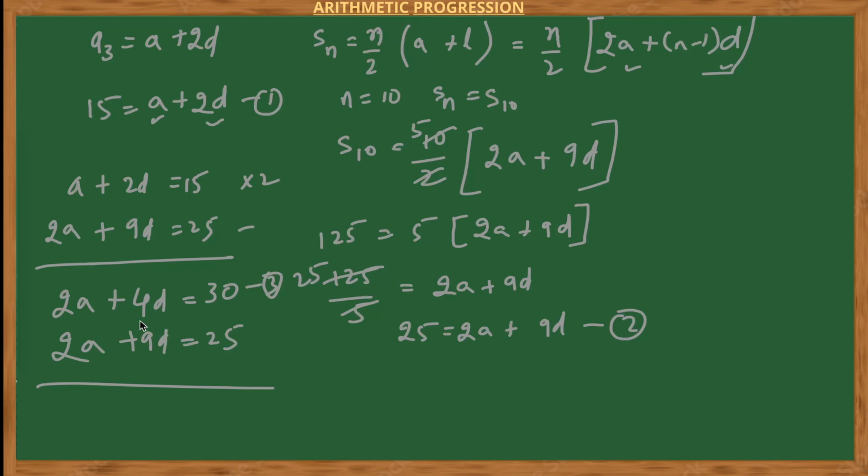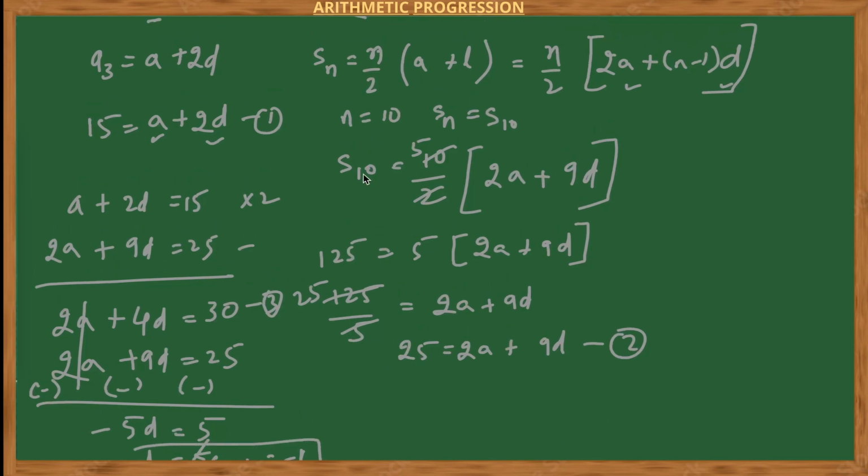So let's subtract. 2a gets cancelled, so this becomes minus 5d is equal to, minus 30 becomes plus, so it becomes 5. So d is equal to 5 divided by minus 5, which is minus 1. So the d value is minus 1.